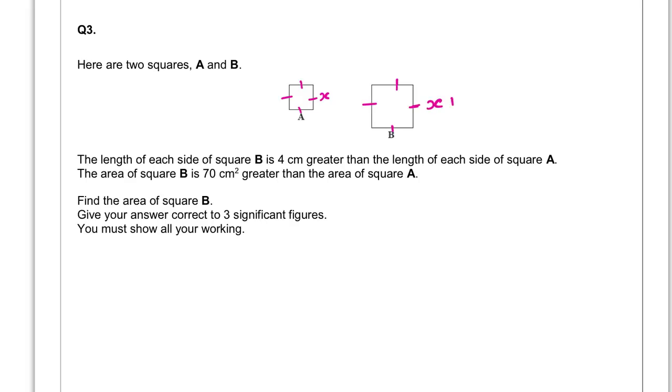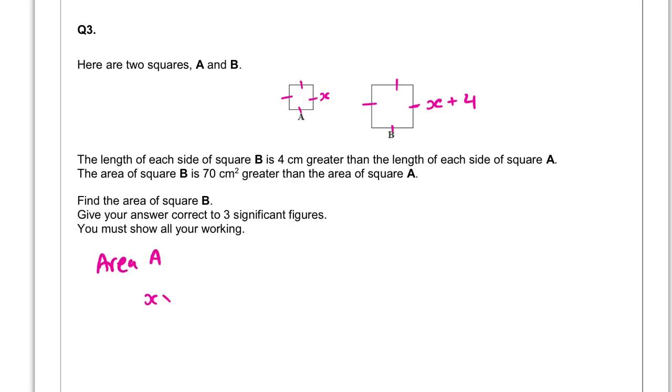If this is 4 greater, this is going to be x plus 4, because it's 4 more, right, than that length. The area of square B is 70 centimetres greater than the area of square A. So what is the area of square A?